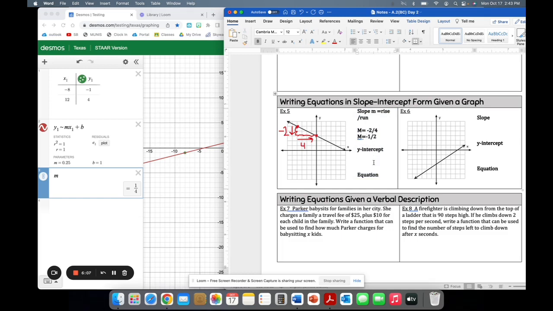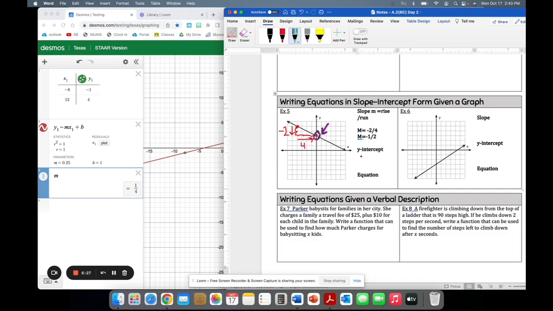All right, I have the slope. Now the y-intercept. So let's check our y-intercept. The y-intercept is where this line passes the y-axis, so which is this point over here. This y-intercept is 0, 1, 2, and 3. So the y-intercept is basically 3.